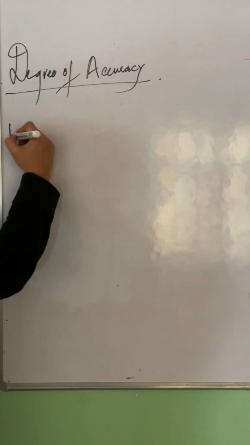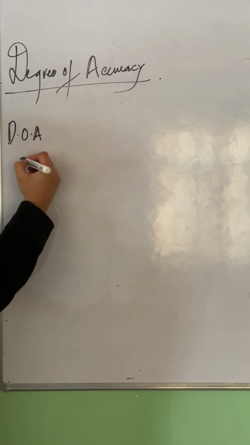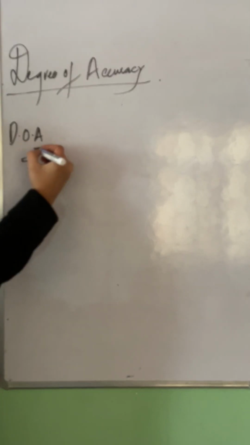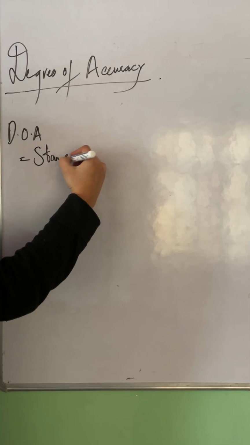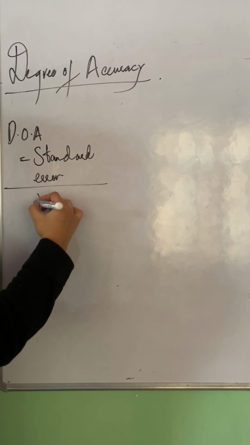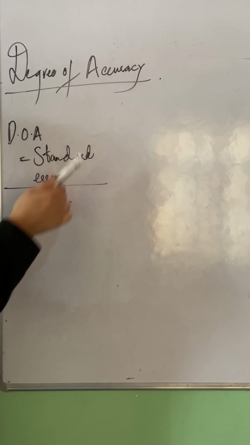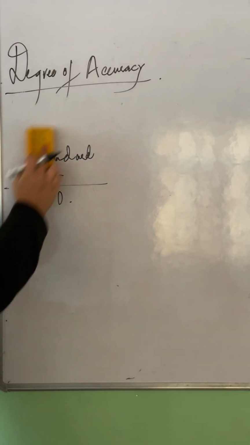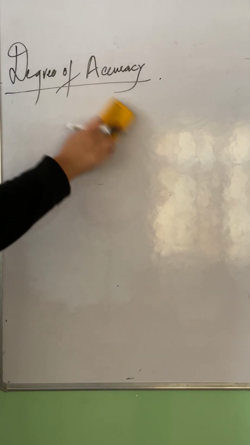So I'll say degree of accuracy is equivalent to standard error divided by measured distance, for linear measurements.